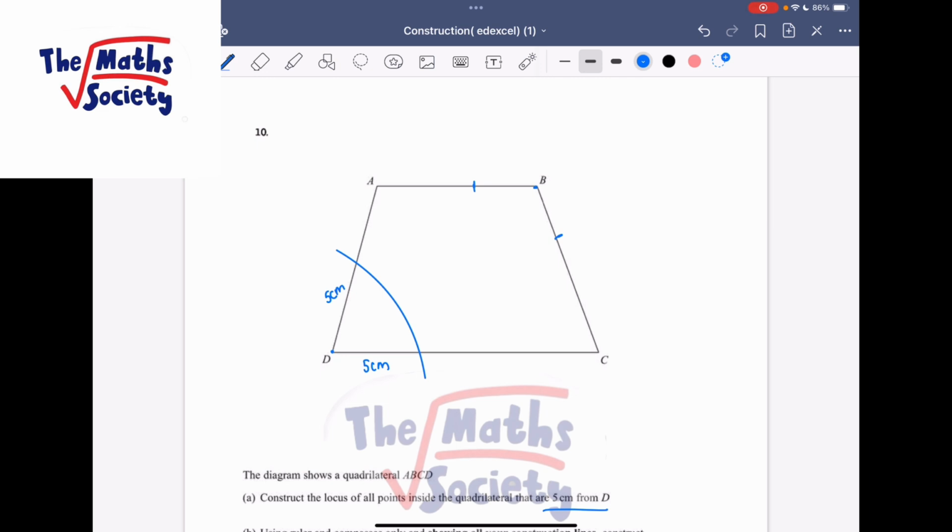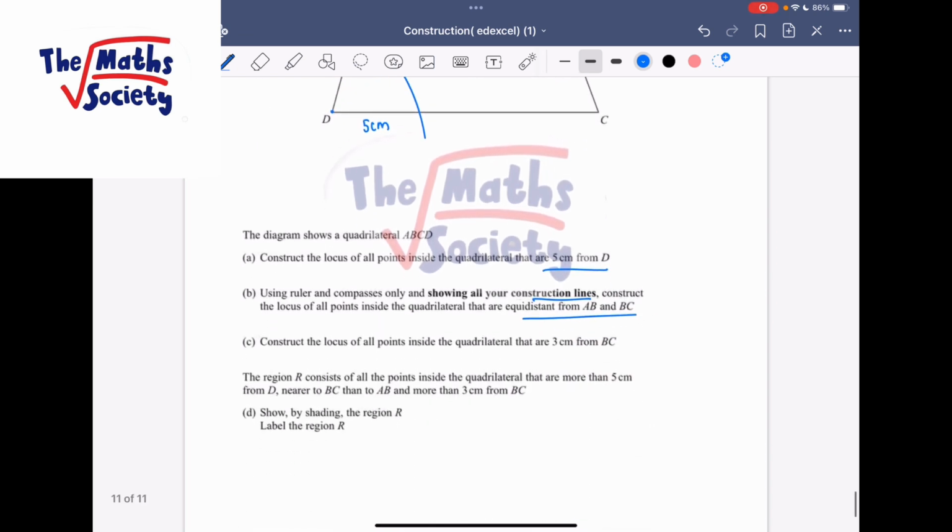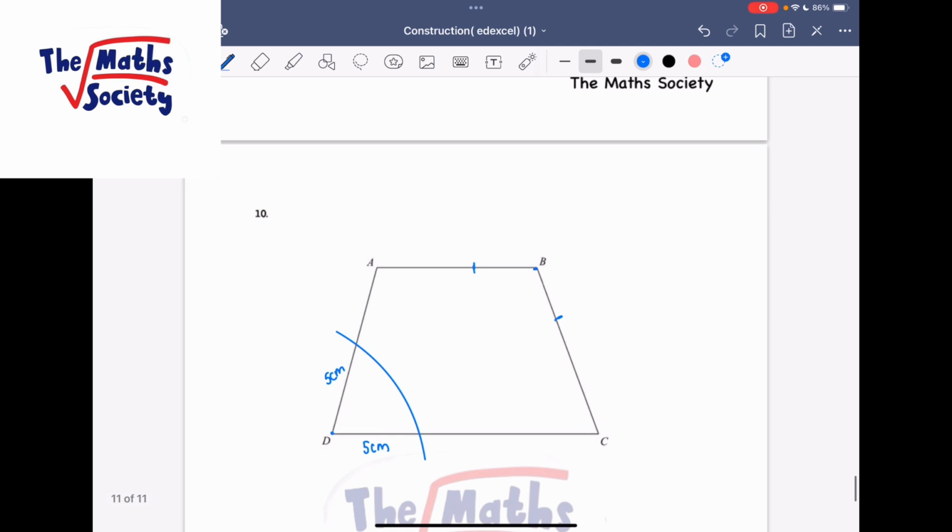And what we've got to do is we've got the sectors as in, let me have a look. 3 cm from BC. So we're going to have the parts again.